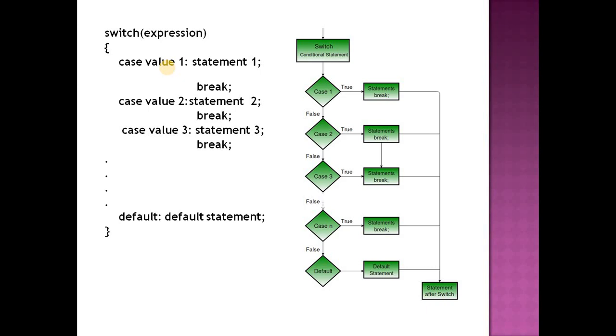If the execution reaches a break statement, the switch statement ends. If the value of the expression does not match with any value of the case constant, the default statement is executed.